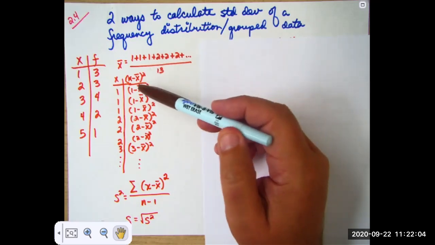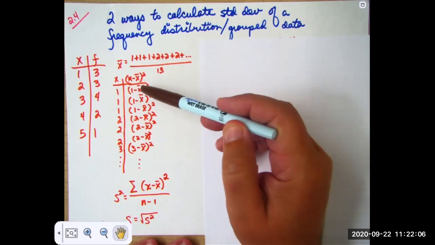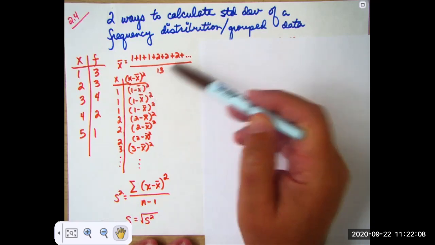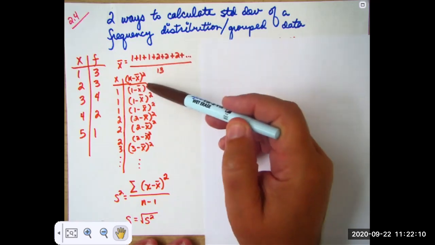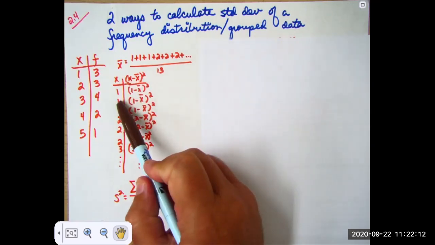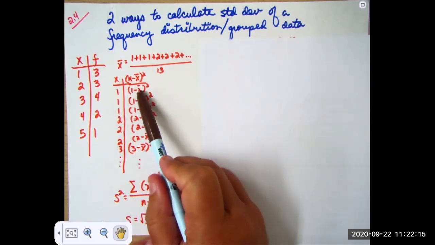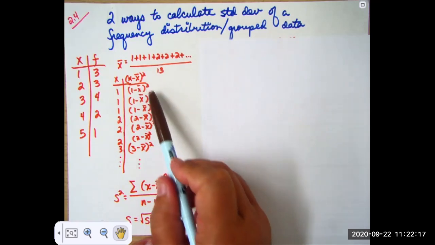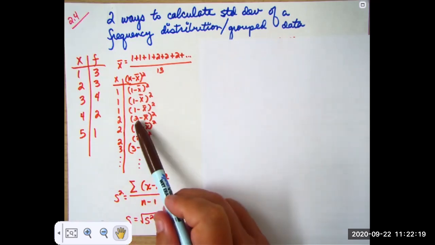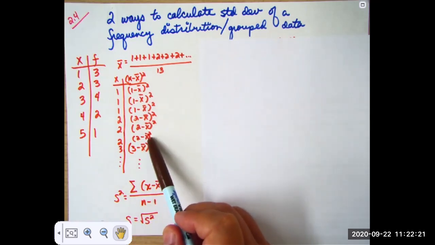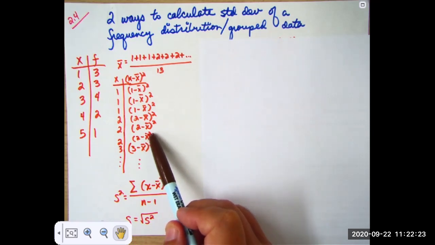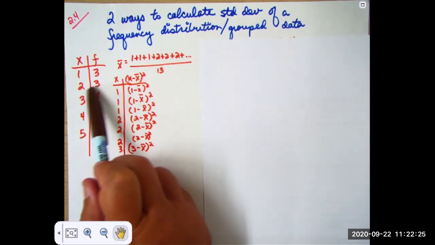Then I can take each data point minus its mean, whatever this total mean is, and I can square it. Well, I've got a 1 3 times, so I have to do 1 minus x bar quantity squared 3 times. I have to do 2 minus x bar quantity squared 3 times because I have 3 of those.